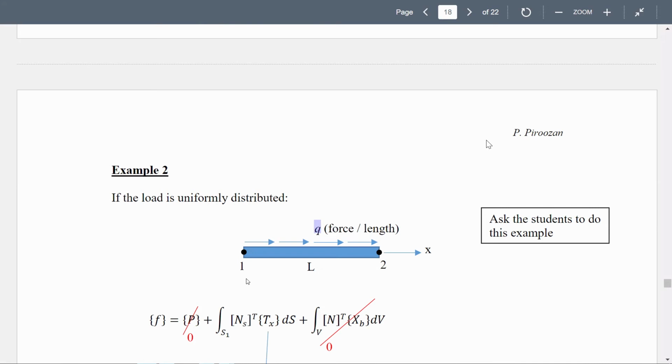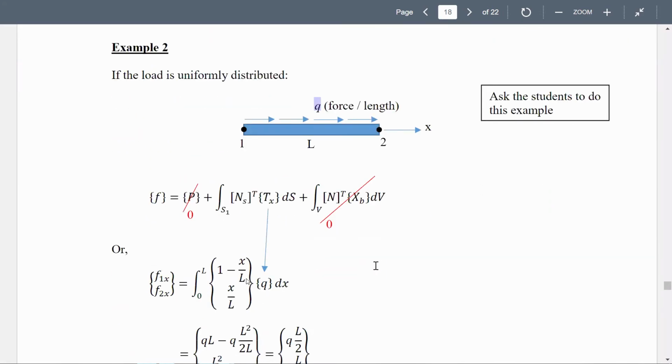Of force, which is Q. 1/2 of Q. So what did you get for the equivalent force at node 1? It's 1/2 force, which is Q times length. Anyone agrees with your friend? Yeah, I agree. You're right. Very good. This is the formula that we use.